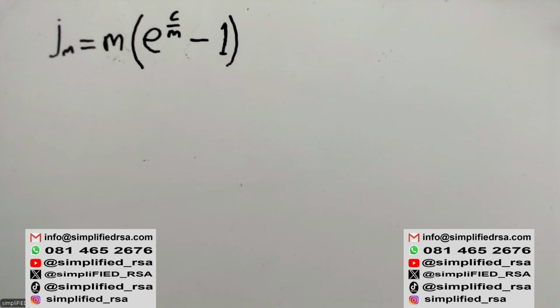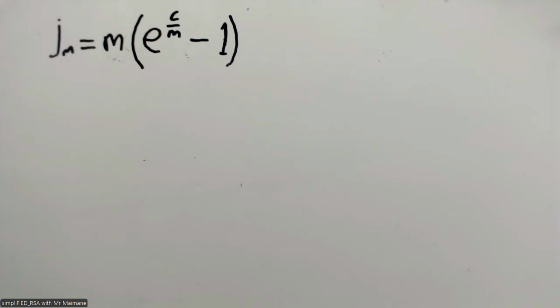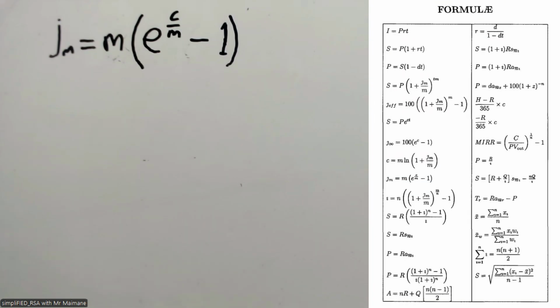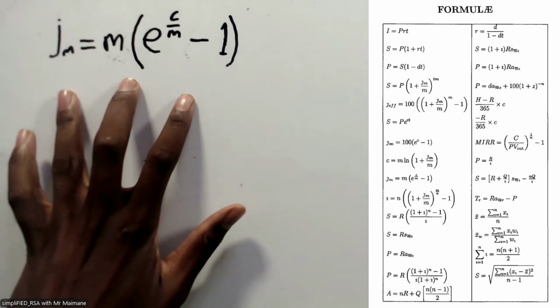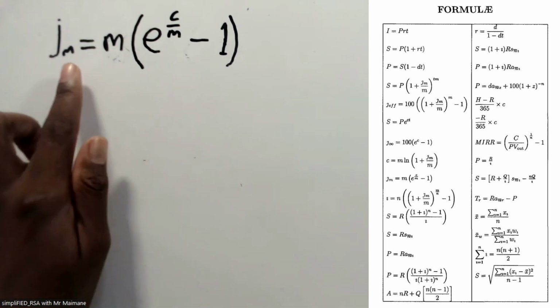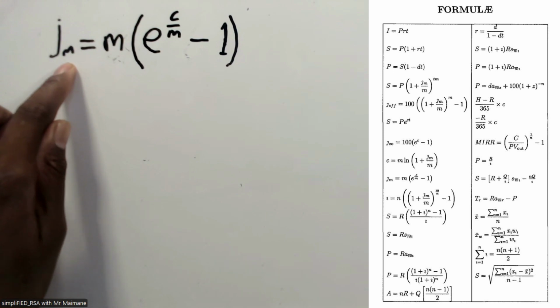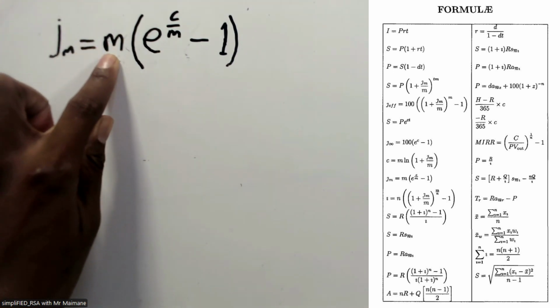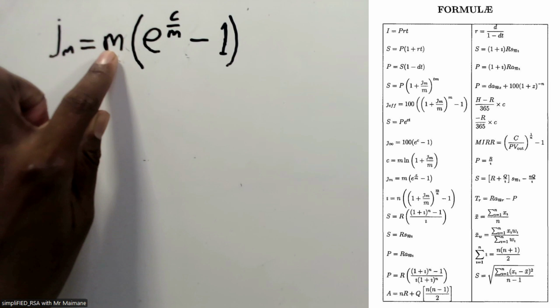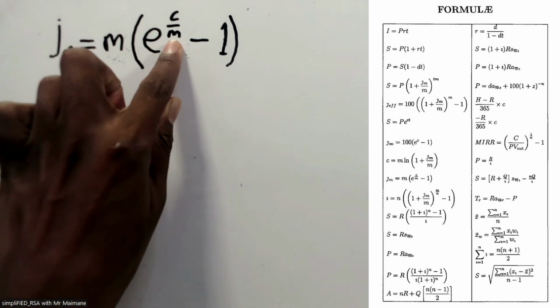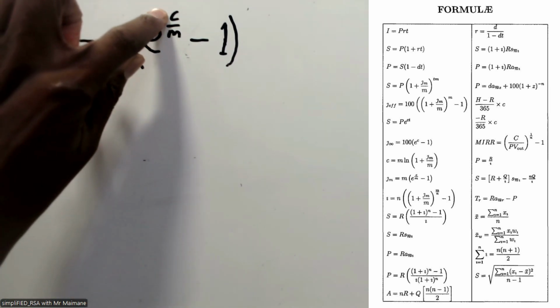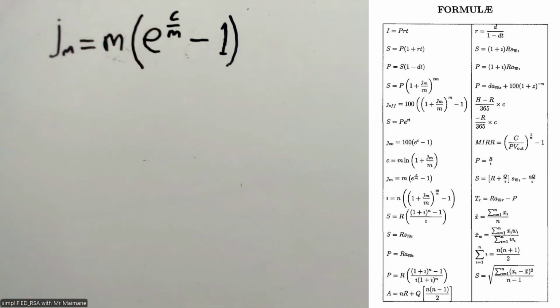If you are a UNISA student, a formula sheet will be provided to you. At the end of the day, the formula to use is this one, whereby J_m is the interest rate, m is the compounding period, and c is the continuous rate that you need to determine in this case.